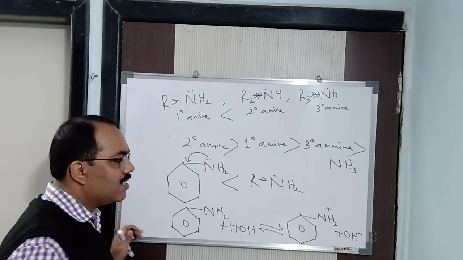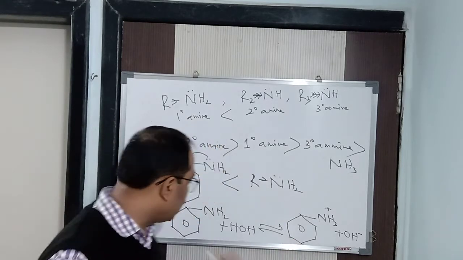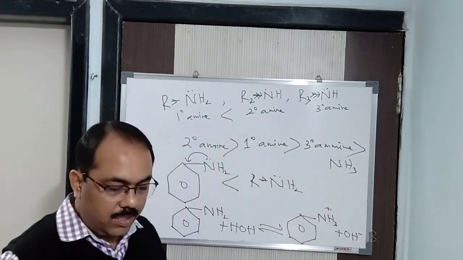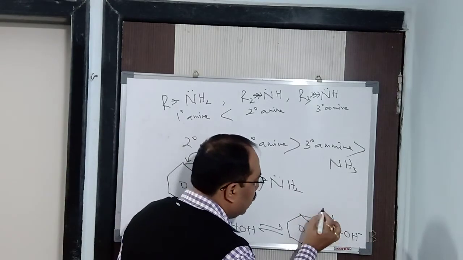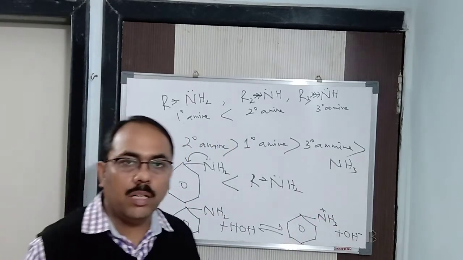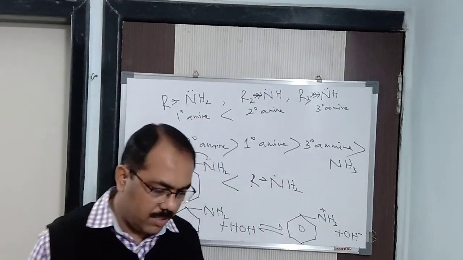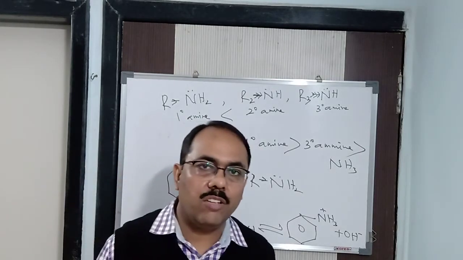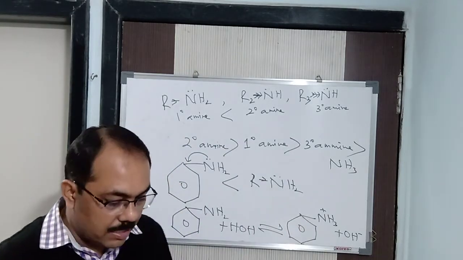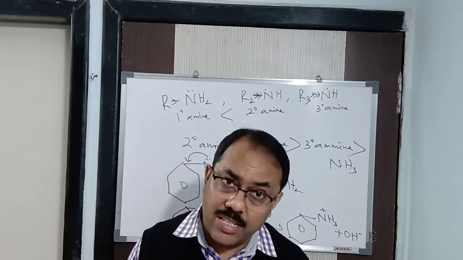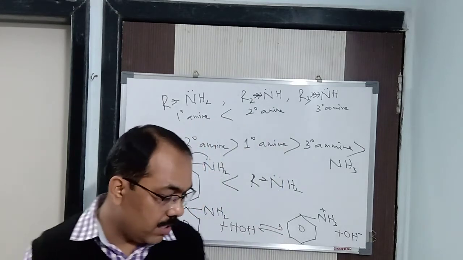The conjugate acid is not stable in nature, just now what I was saying. This is quite stable, this is not stable. It is not stable due to resonance. Hence, due to this particular reason, it does not lose OH minus ions readily, and hence aryl amines or aniline is less basic in nature compared to alkyl amines and ammonia.